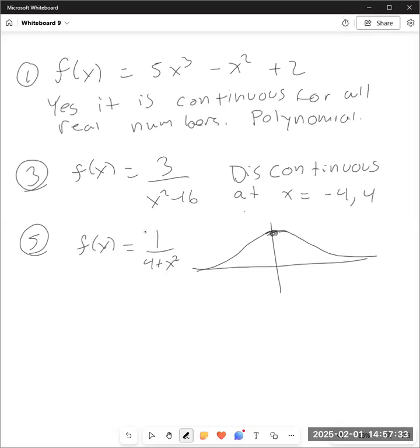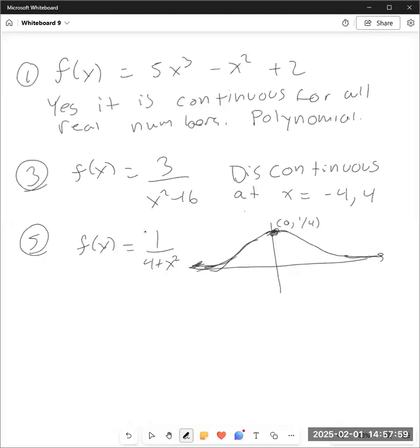And its maximum point up here is going to be 0, 1/4. So I exaggerated this quite a bit so that you could see what's going on here. It's going down and getting close to y equals 0, but there's never any vertical asymptotes, there's never any holes.